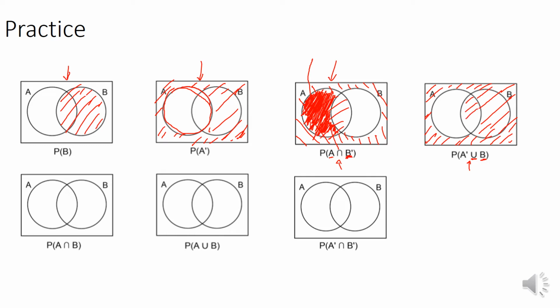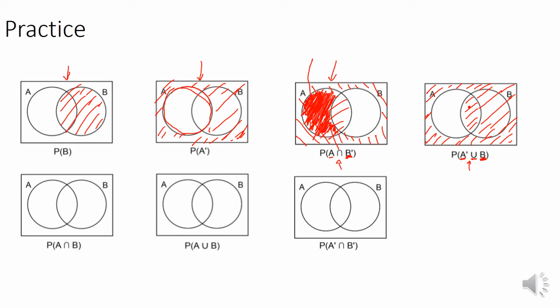So that adds this bit. So even though this section is in A, that is fine, because this is the union of that and B. So we first do not A, then we add anything else that is in the second one. So we're adding this section of B. So what we've got there is the probability of not A union B. So when it's two things, I'll do it one at a time.